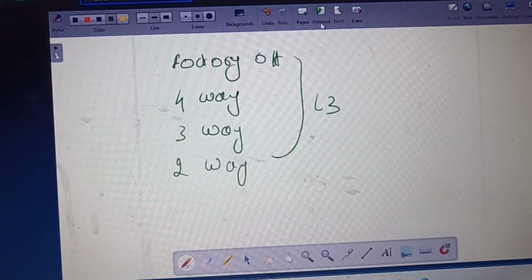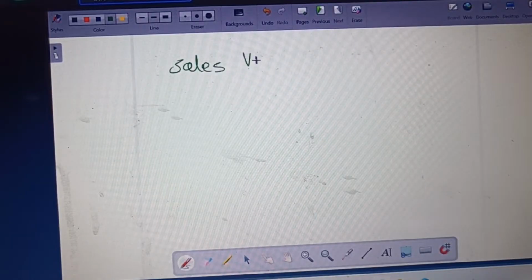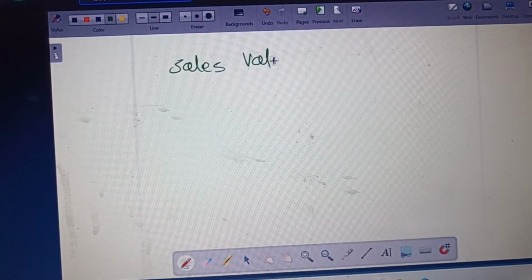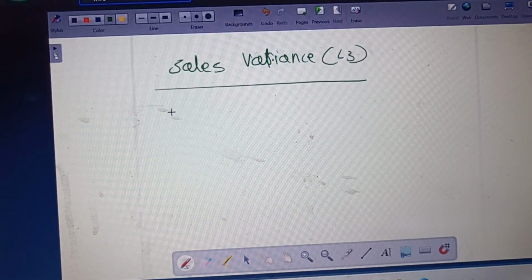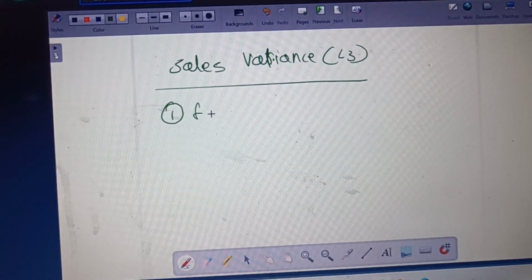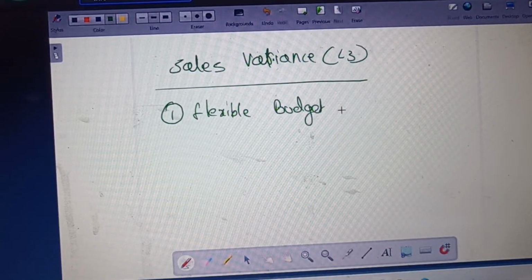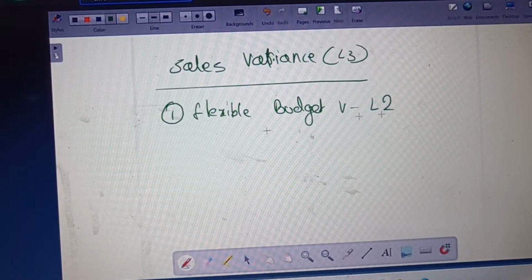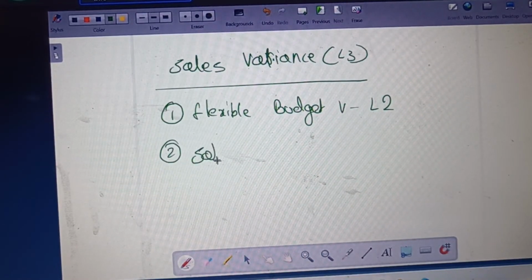Then we have sales variance. Sales variance is level 3. Then we have flexible budget variance. This is level 2, not in depth. Then we have sales volume variance, level 3.